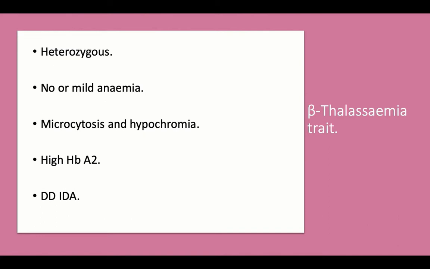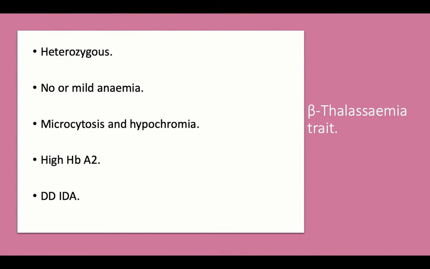This individual would be discovered when doing an FBC, full blood count, which shows that he has a normal level of hemoglobin, maybe 12 or something like that, while he has microcytosis. Okay, so unexplained microcytosis in the face of no anemia would raise the suspicion of a beta thalassemia trait.